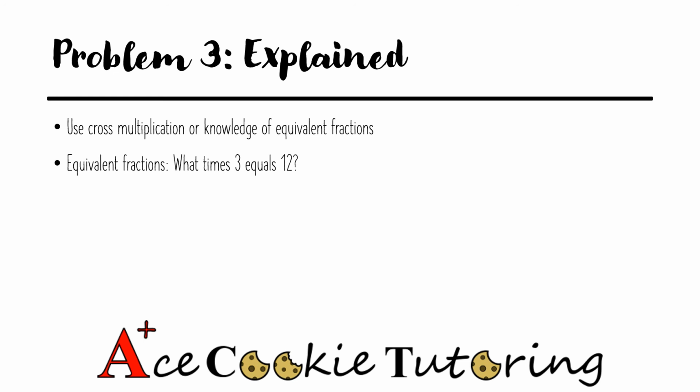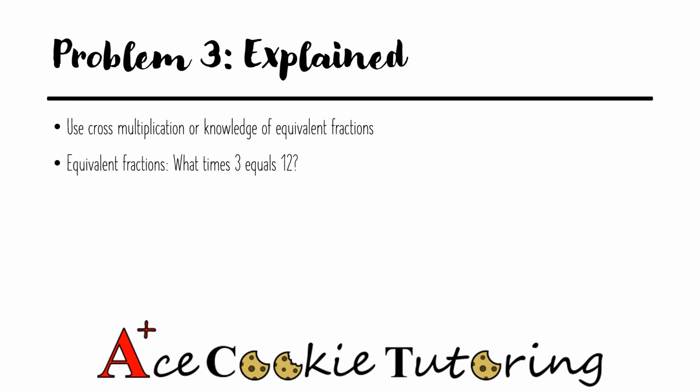The way we're going to do this is we have 2 known denominators and 1 known numerator. So the way we can solve for the other numerator is figuring out how those 2 denominators are related. Basically, what times 3 equals 12?